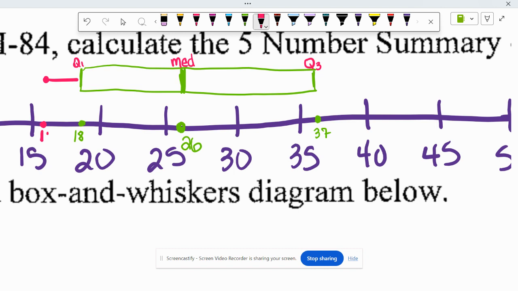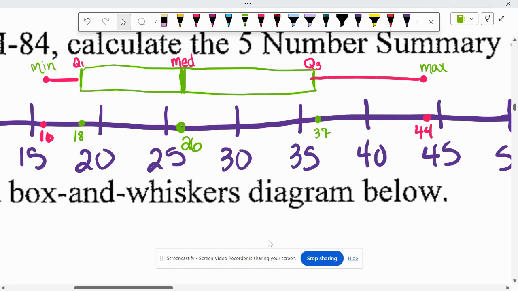So I'm going to write the number 16 here. And my maximum was, I think, 44. Is that right? So this is the number 44. And I'm going to label this my min, and I'm going to label this my max. And that's it.